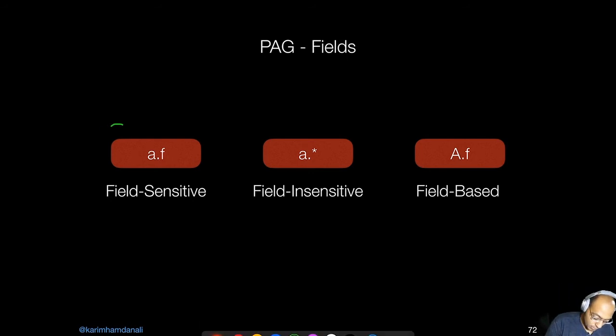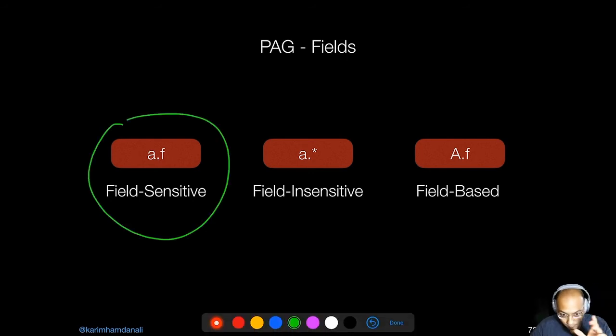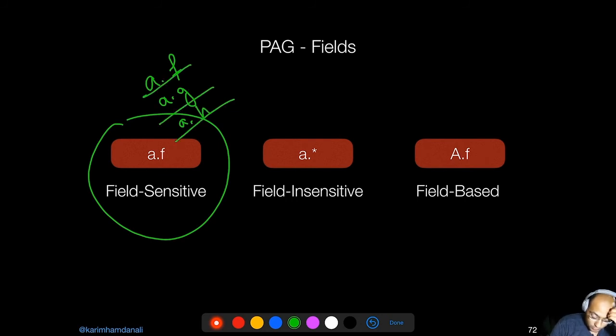First, the analysis could be field sensitive, meaning that I am going to differentiate between accessing the field F in A and accessing the field G in A and accessing the field H in A. These are going to be three different field accesses. I'm not going to treat them the same way. Each one of them is different.